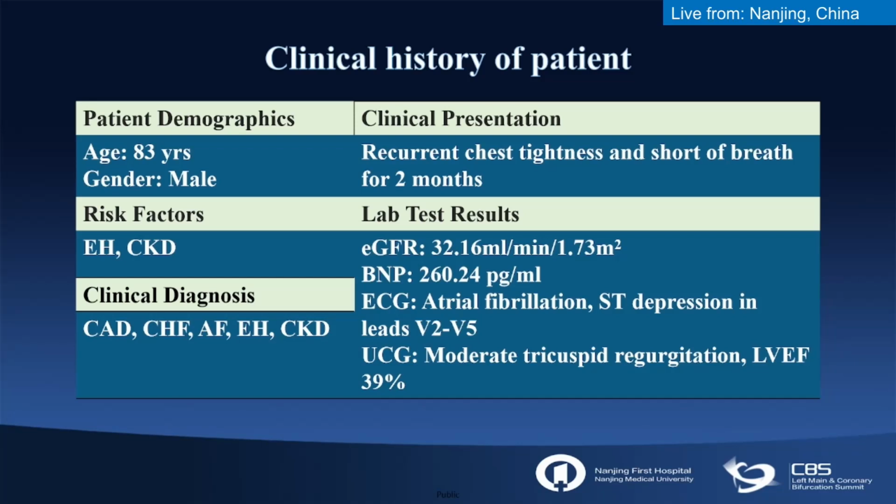ECG showed atrial fibrillation, ST depression in V2. UCG shows moderate tricuspid regurgitation and low ejection fraction. We diagnose the patient with coronary artery disease, heart failure, atrial fibrillation, essential hypertension, chronic kidney disease.